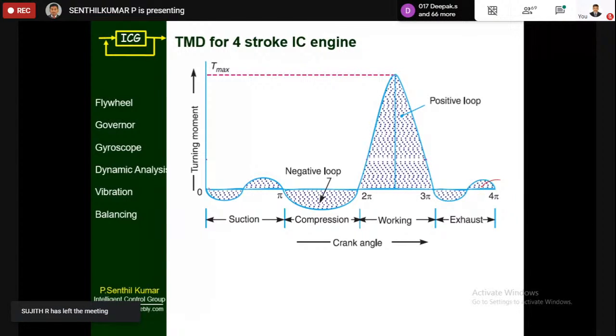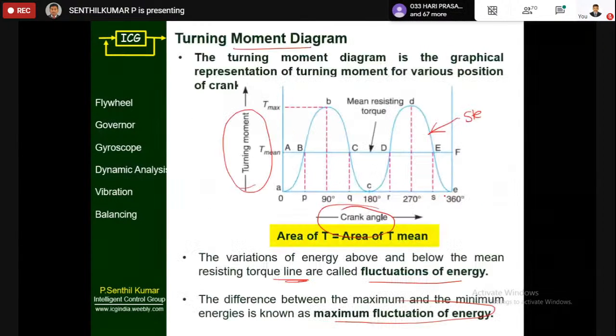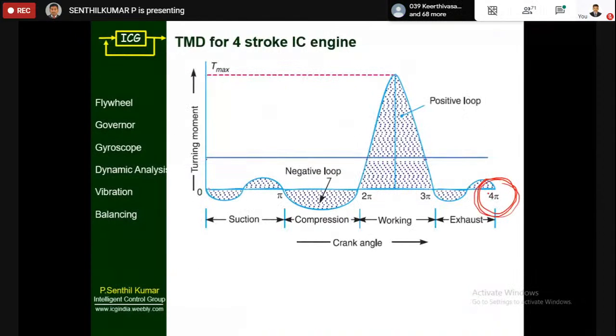Here, this 4 pi is very important, so please note it down. For the steam engine you have only 2 pi. 2 pi means one cycle, whereas here it is two cycles. 4 pi means 2 complete rotations. So both are different. Why do I need a flywheel?